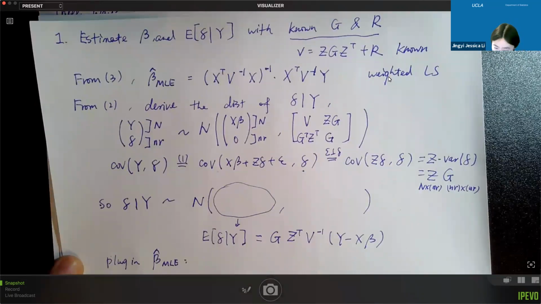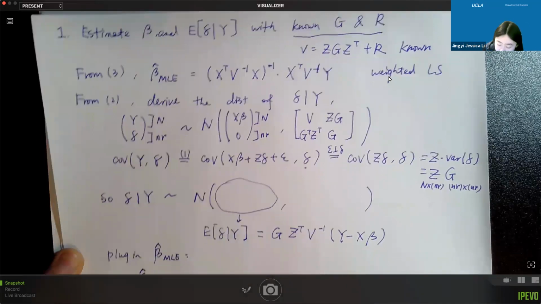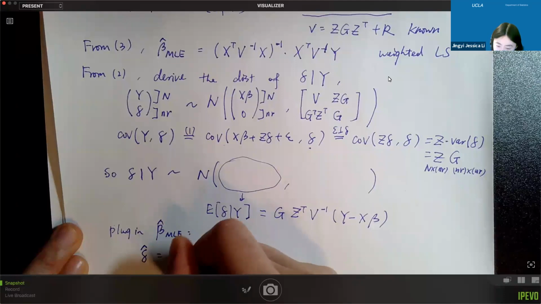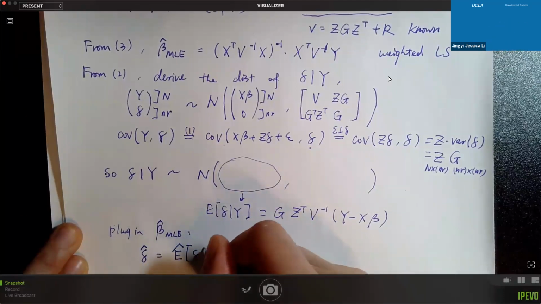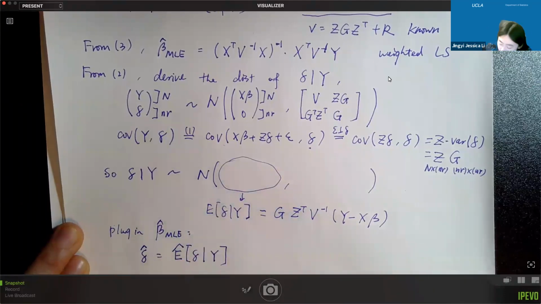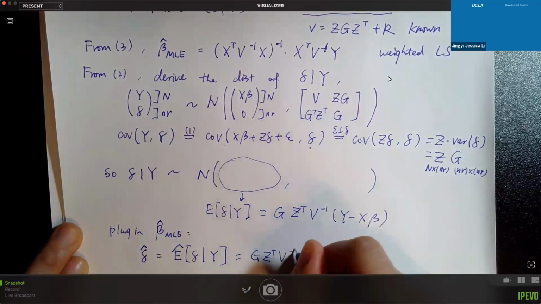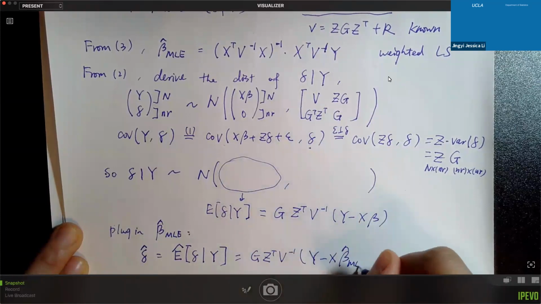And this thing actually has a name, okay? So we give a notation first. The notation is our estimated posterior expectation, and it's just G Z transpose V inverse Y minus X beta hat MLE.